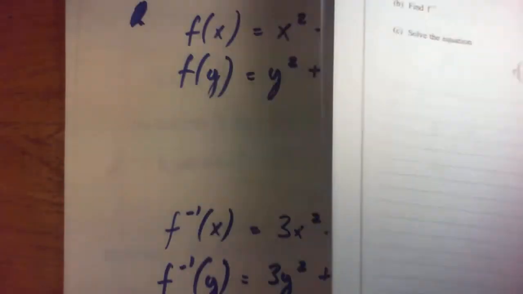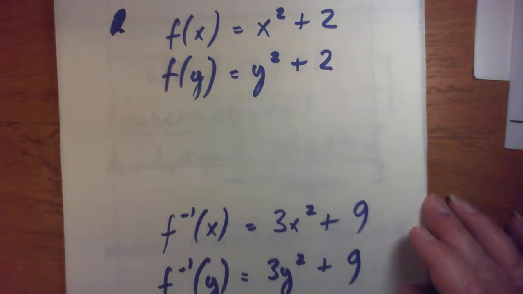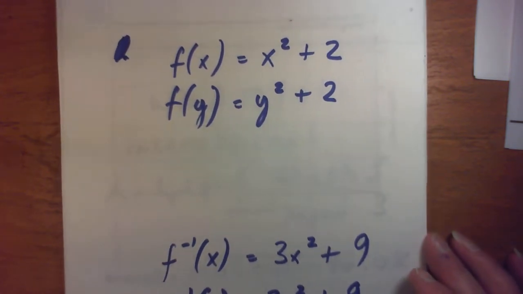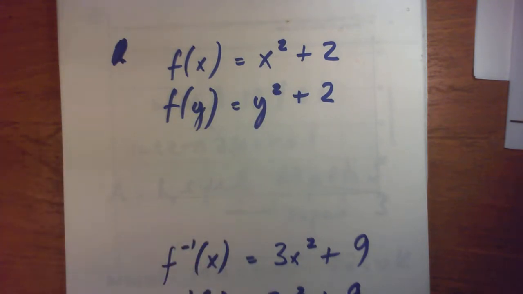I think the one thing I'd say about these inverse functions, what confuses a lot of people, is this idea of switching between the values of x and y. But really, the thing to notice is that these values of x and y don't actually mean anything. These two functions up here are exactly the same function. Whether one is an x and one is a y is not relevant.